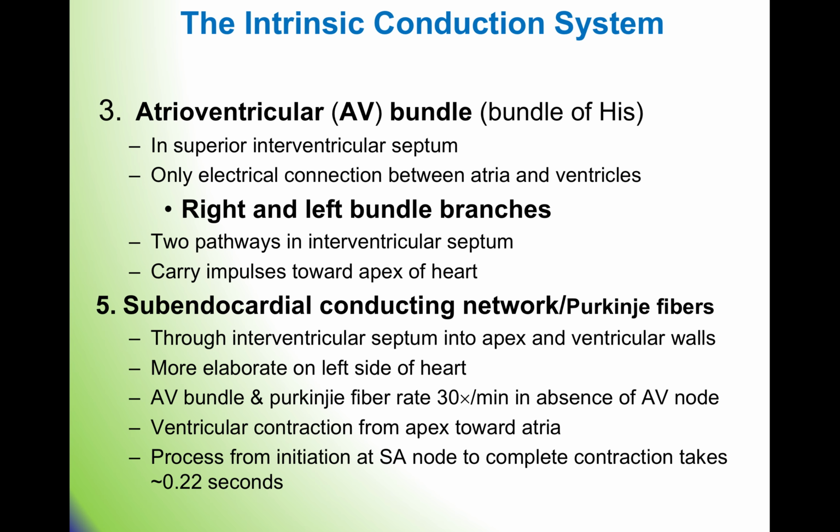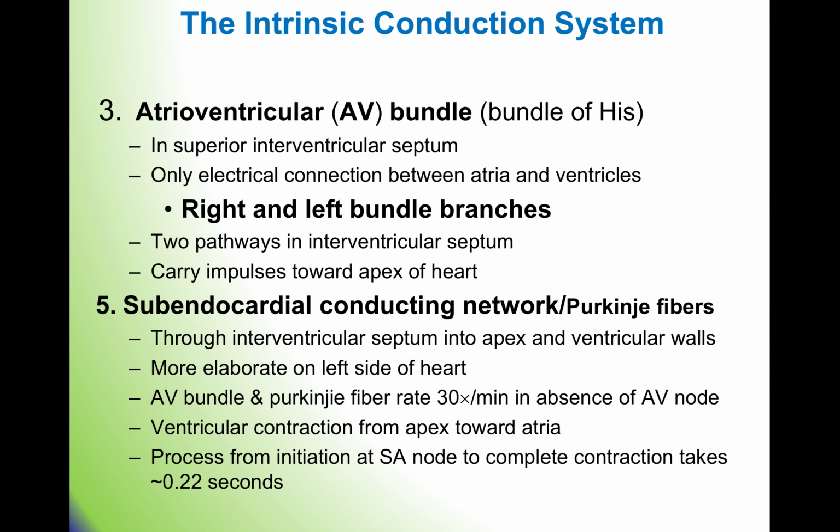But the ability to create electrical impulses is much weaker compared to what we discussed earlier for the SA node and AV node. This is about 30 electrical impulses per minute, which creates a heart rate of about 30 beats per minute. If you imagine, this is relatively low. It's less than half of a normal heartbeat.